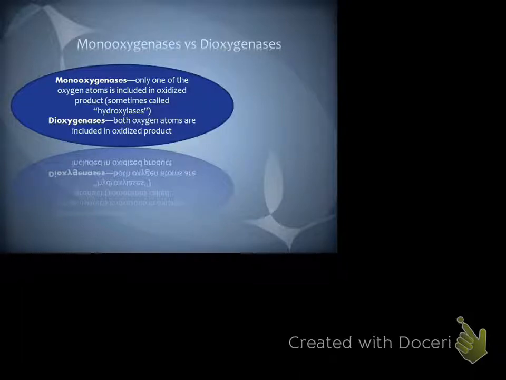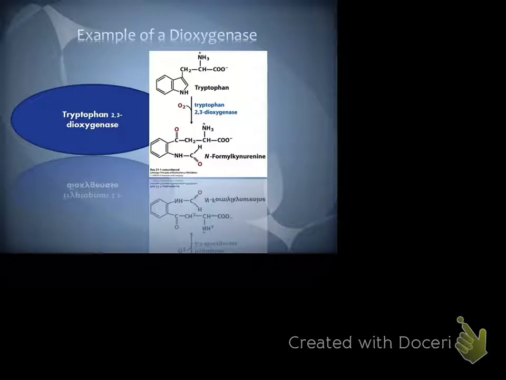Okay, so there's monooxygenases, dioxygenases. So this is an example: tryptophan 2,3-dioxygenase, and if you notice here, it adds in an acyl group as well as what will become an amide. Technically, it's a formyl group because it's only got one carbon. Do you want us to memorize that enzyme?